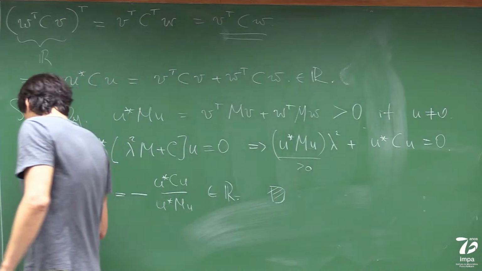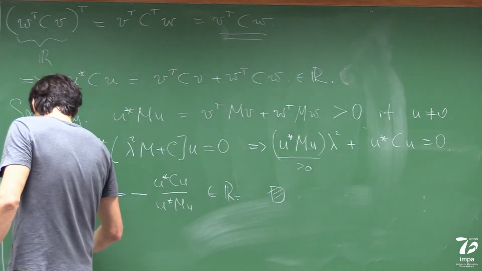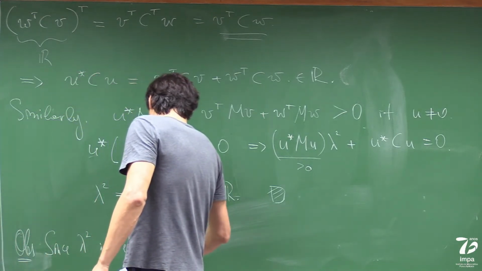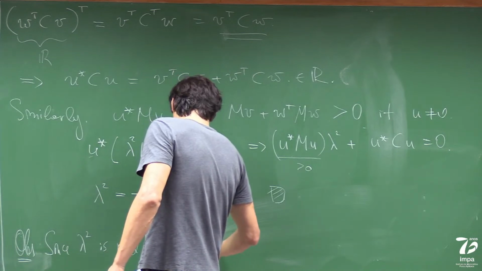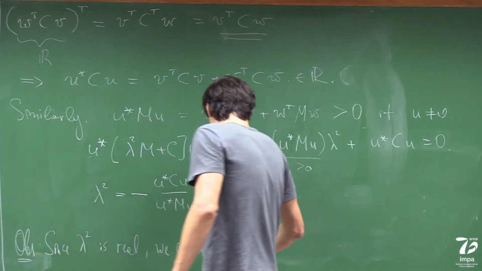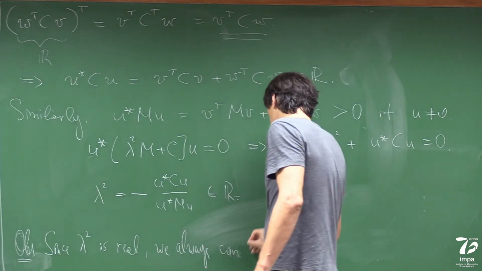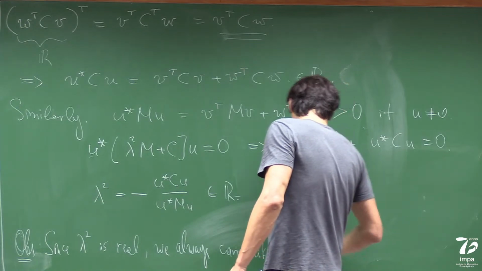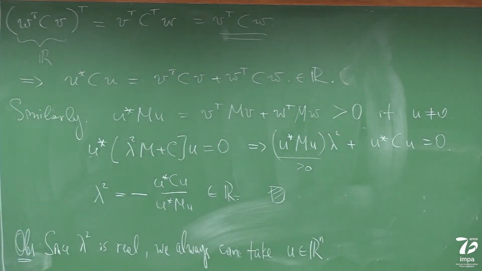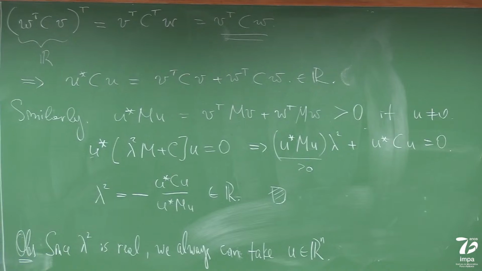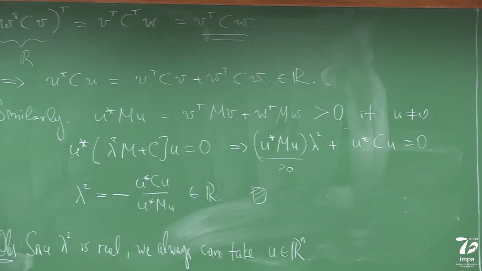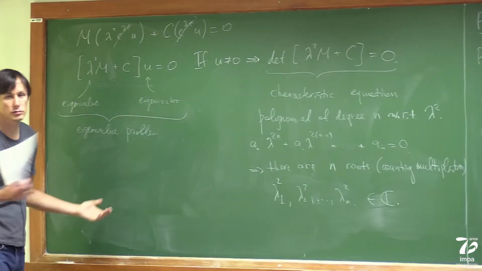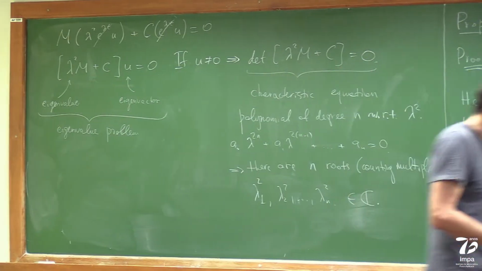So the simple observation is that since lambda squared is real, we can always take the eigenvector also real, because the eigenvector is a solution of this equation. Taking the eigenvalue, we guarantee that there is a solution, but we can always take it real. If you take a complex one, the real part is also a solution. So we can always choose the eigenvector to be real.